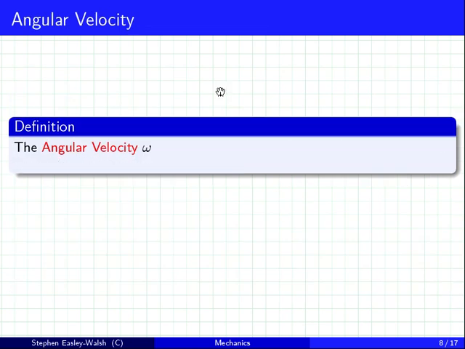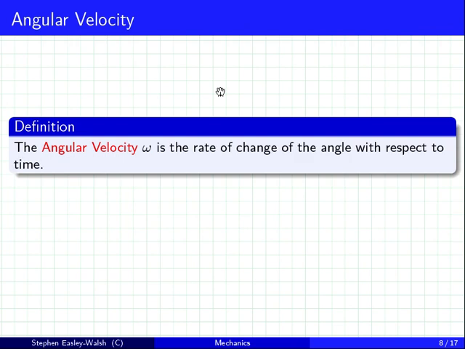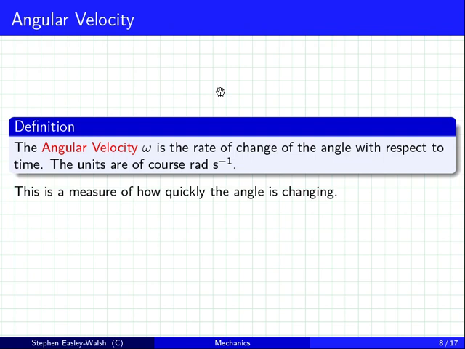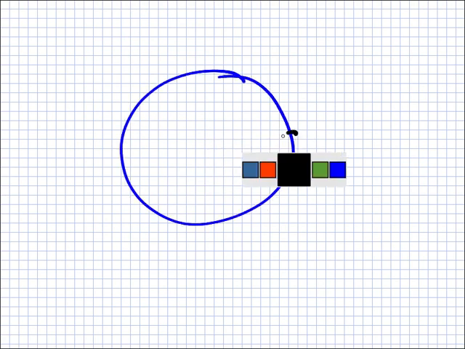Now, our first term, well, not our first because we did arc length: angular velocity, omega. This is the rate of change of angle with respect to time. And the units are radians per second. I'll give you an example just before you write that down. Let's say you have something moving in a circle. It starts here.